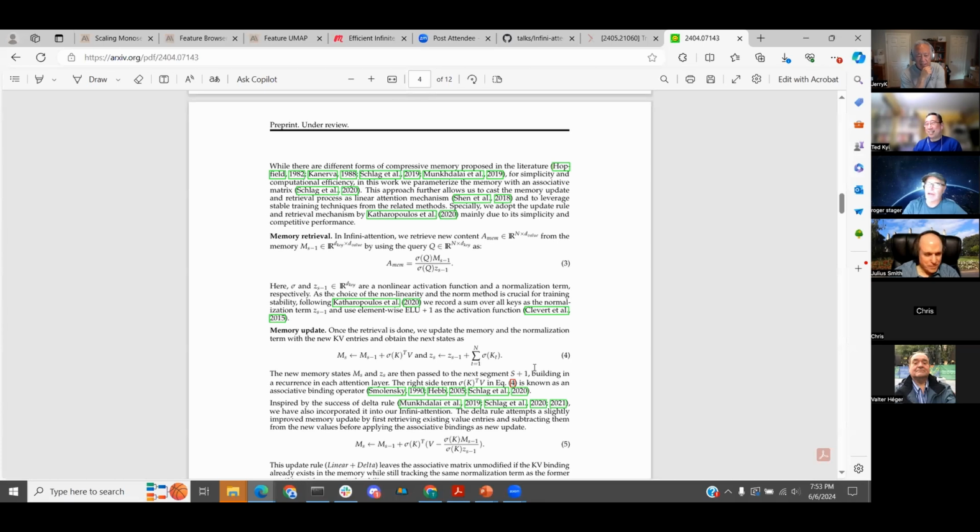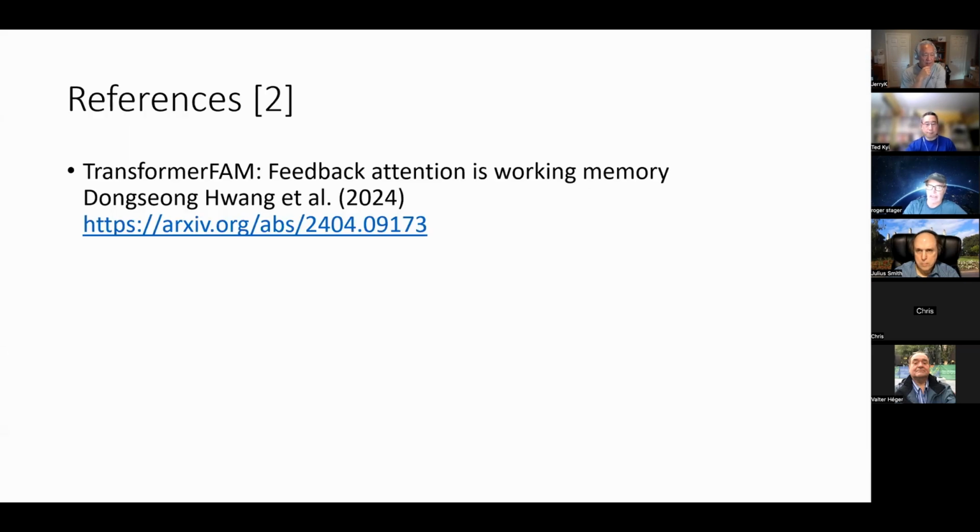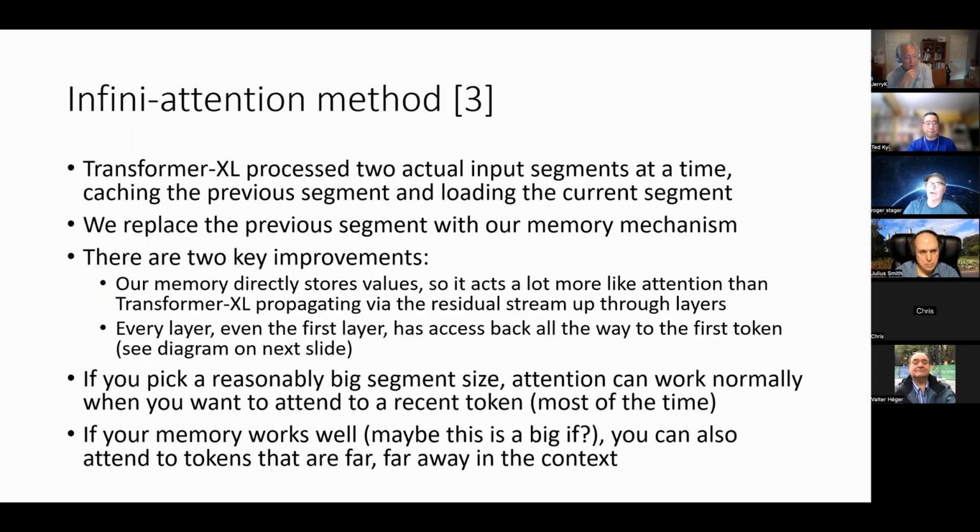I'm still thinking about the memory updates and how those are working. When you have multiple attention heads, they're all sharing the same memory, are they?